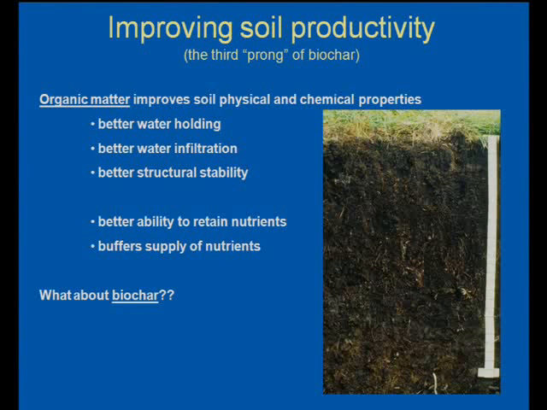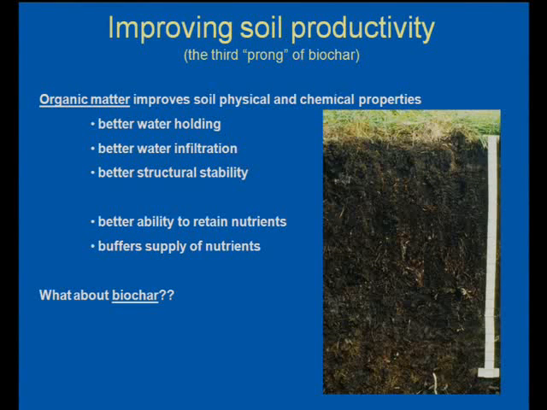One of the reasons for going to no-till and developing farming methods to increase the amount of carbon in soil is that organic matter is good for soil fertility and soil productivity. It's good for improving water holding capacity, rates of water infiltration, structural stability, and retention of nutrients, and providing a slow release form of nutrients. Organic matter does all these roles.